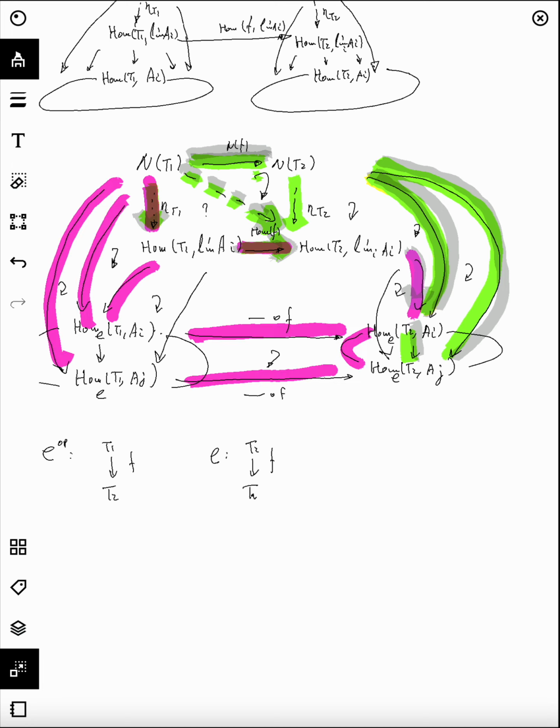And so this is a cone over this diagram. And so by the universal property, there must exist a unique map here, making the diagram commute.